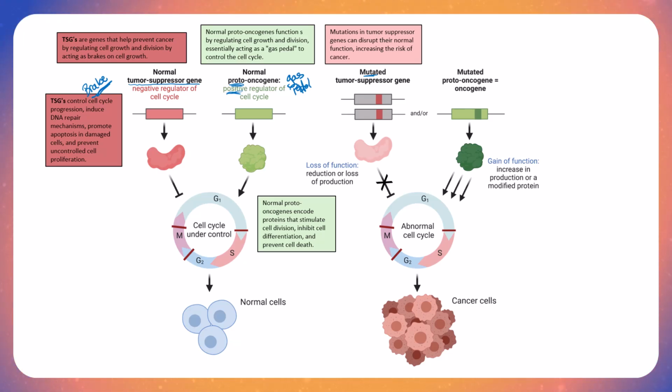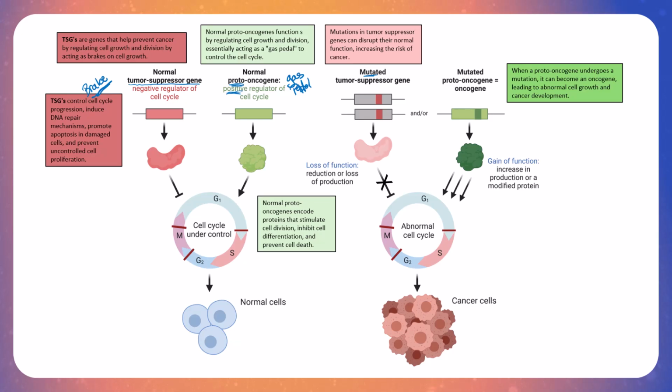You're not going to be able to brake or regulate through the cell cycle, and that becomes a problem. When proto-oncogenes undergo mutation, now the mutation exists in the proto-oncogene, which means we have a mutation in our gas pedal. We alter the gas pedal function. It can become an oncogene, leading to abnormal cell growth and cancer development.